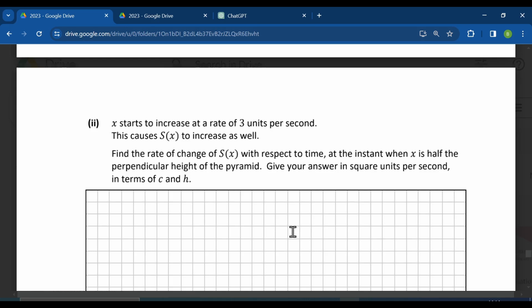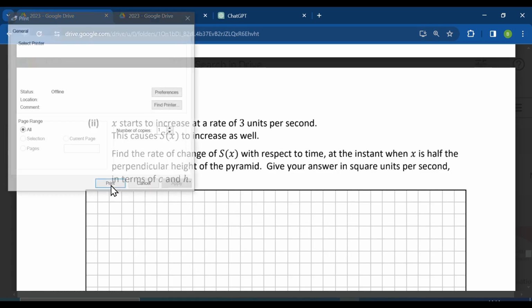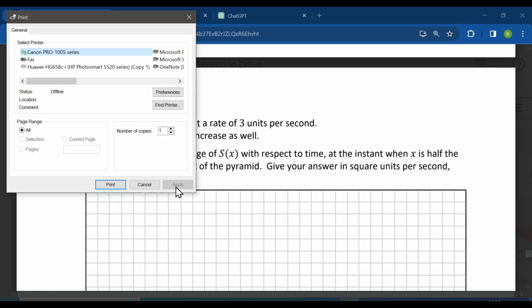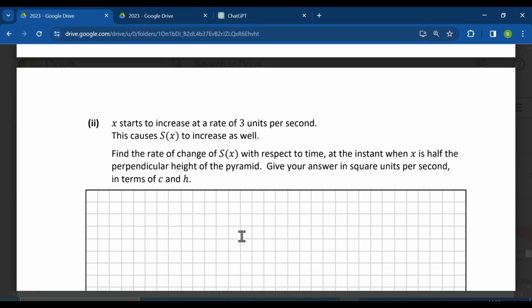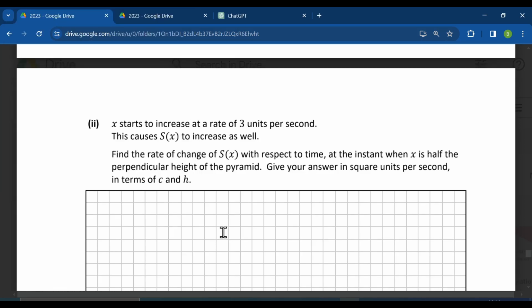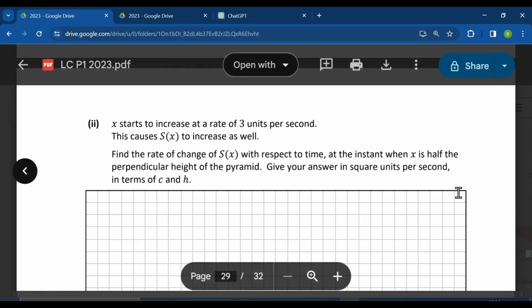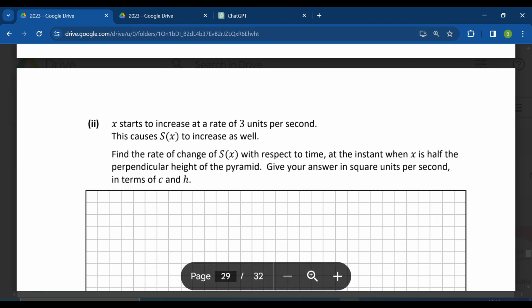All right, so to solve this, this part of the question now, what is this? So let's just state what we have. Let me go back to my board here.